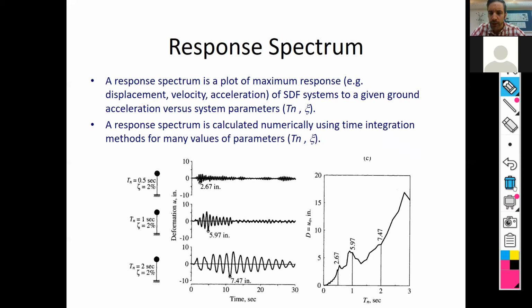Yeah, exactly. So this particular spectrum is being plotted with T here, right? So we are plotting it with the period of vibration. But of course, if I wanted to, I could draw the frequency spectrum with f, and here the maximum displacement, right?